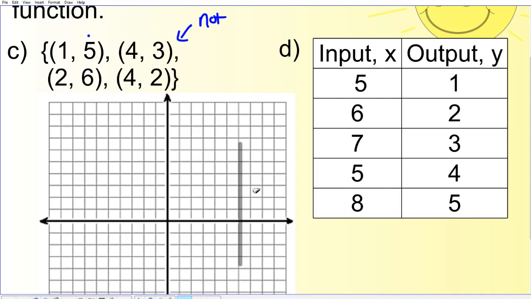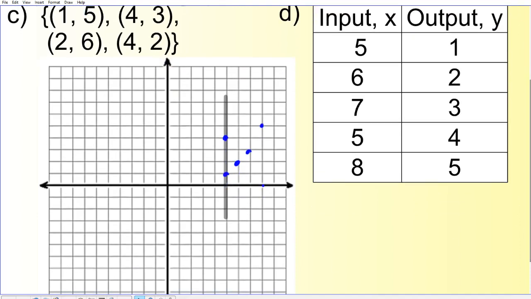Now, if I try the same thing here with letter D, (5, 1), (6, 2), (7, 3), (5, 4), (8, 5). So that's these points. I just graphed them very quickly. And it fails right here.